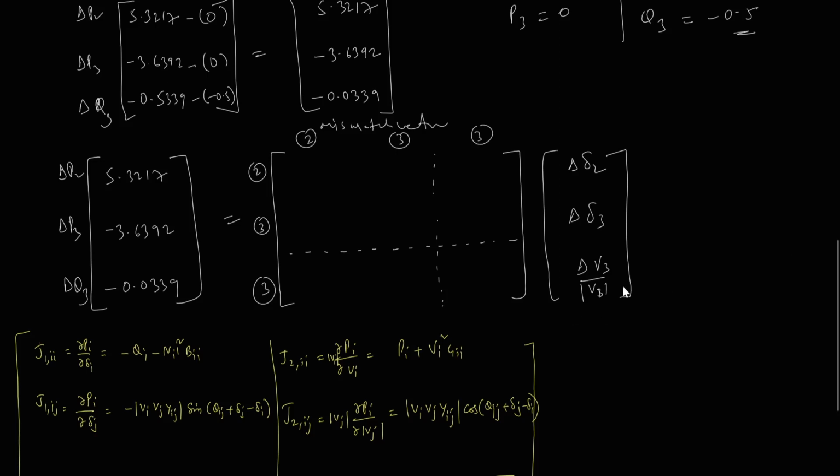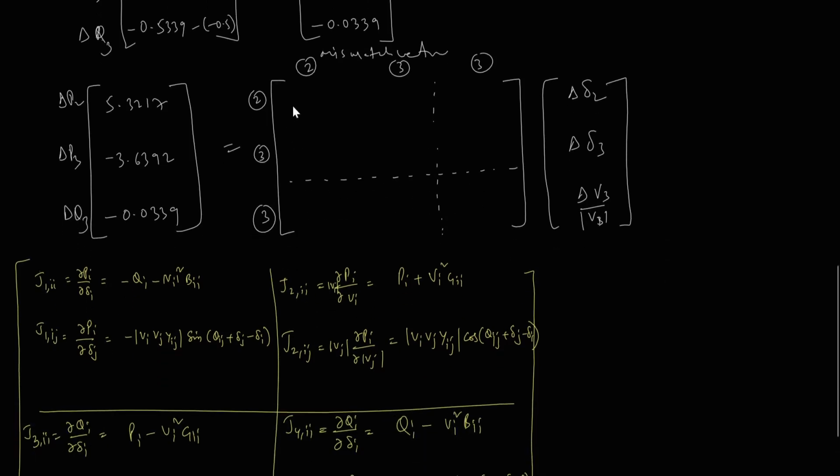Now see, this is J1 and this is J4. The first element of J1 is J122, and what is this element? It has row 2 and column 2, so that is 2 2, a diagonal element. I have to calculate that element using this equation.